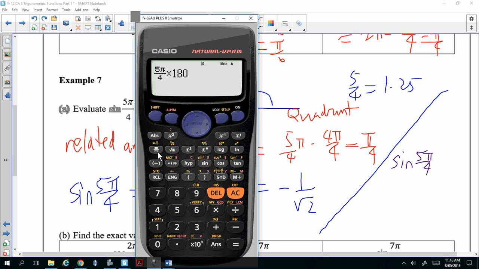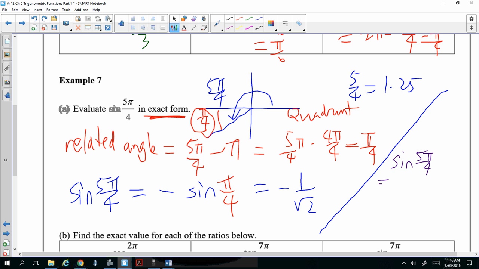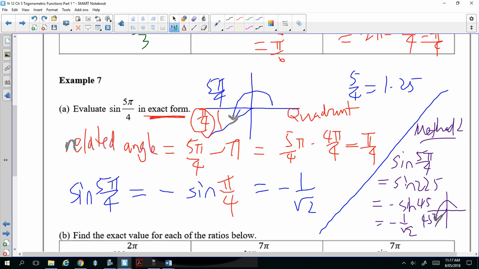So sine 45. I think it can be longer because you have to do extra conversion. So try not to convert each time. Work directly with radians. I think that will help you in the long term. If you always convert to degrees, you have to do more work. So it's better to use radians, find out the quadrant from the radian, and then express the related angle in terms of radians.